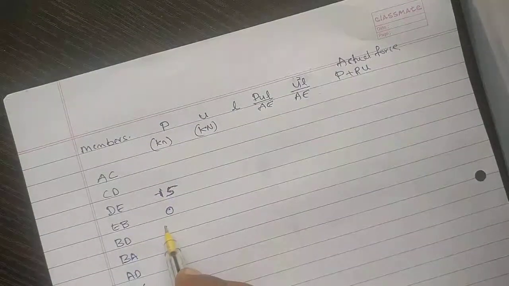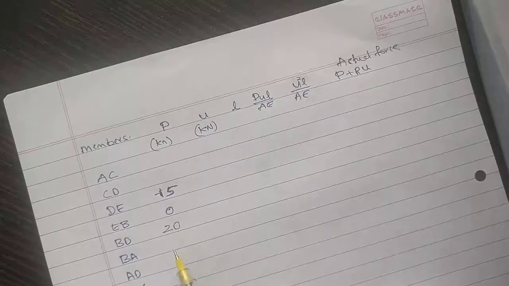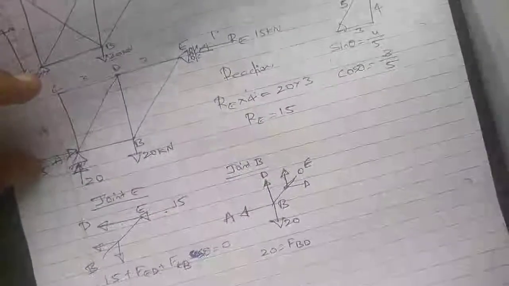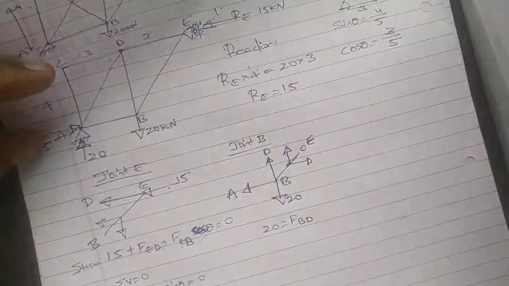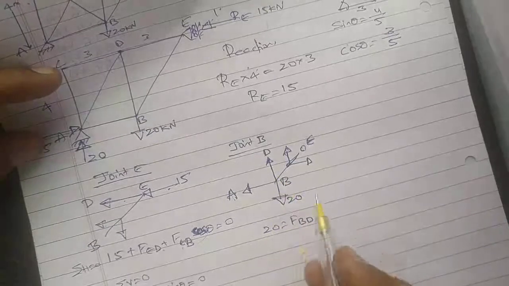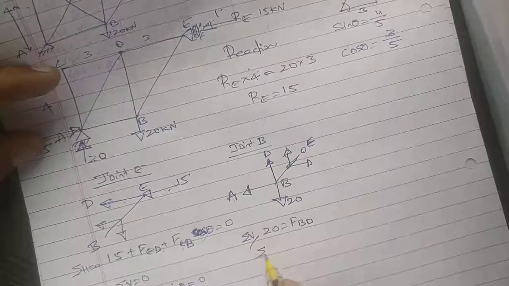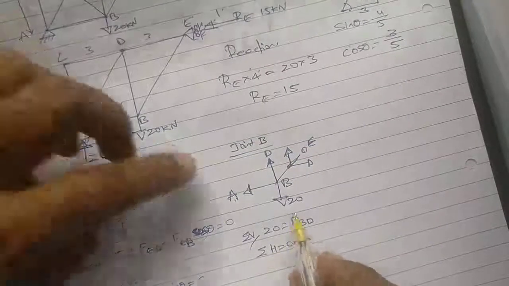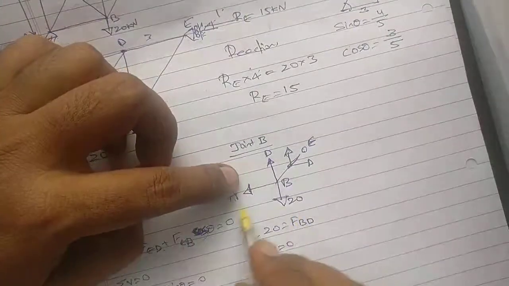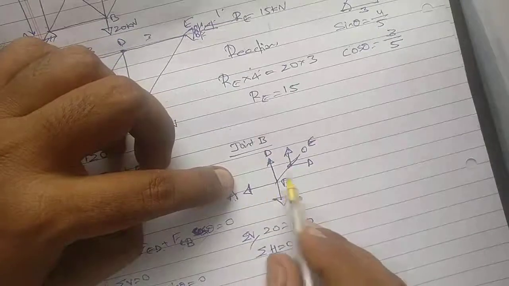FBD is equal to 20. Now sigma H is equal to 0, so you have this and this.